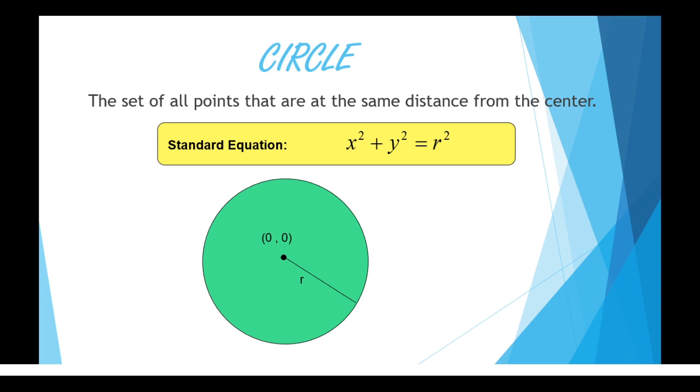Then you have tangent, equation of tangent to the circle, equation of normal to the circle, so on and so forth. Definitely all this will be taken up in my next video, where I'll be discussing each and every section of the cone in detail.